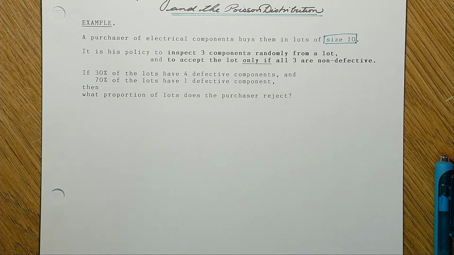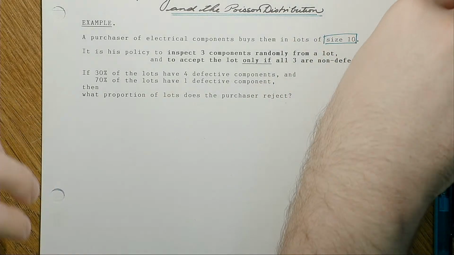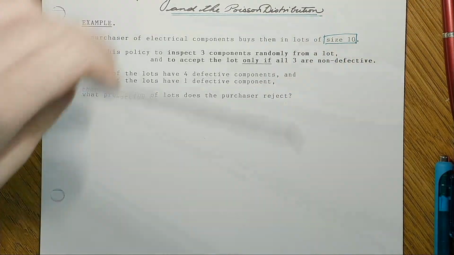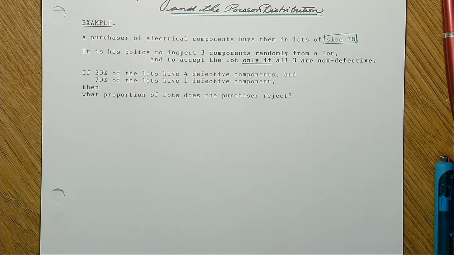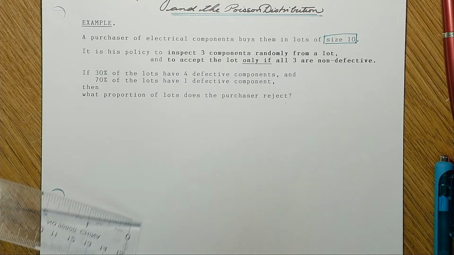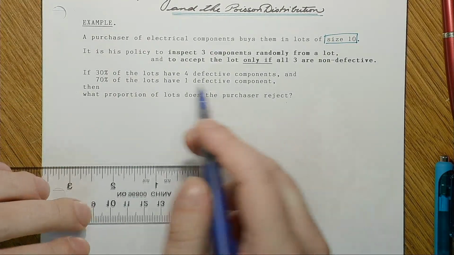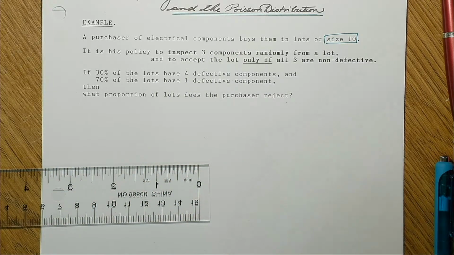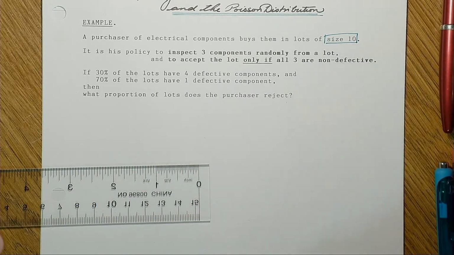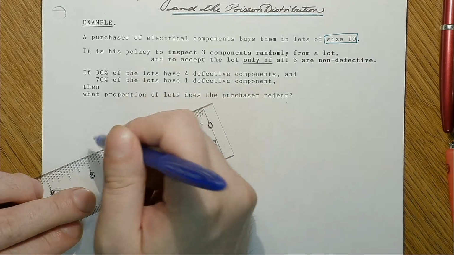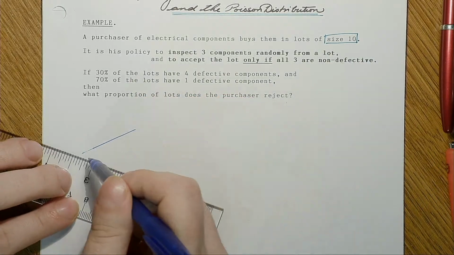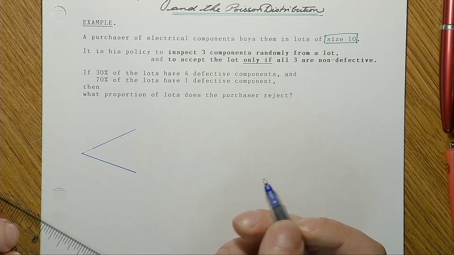So I'm just going to put away this pen. What I'll do is think of it with a tree diagram.